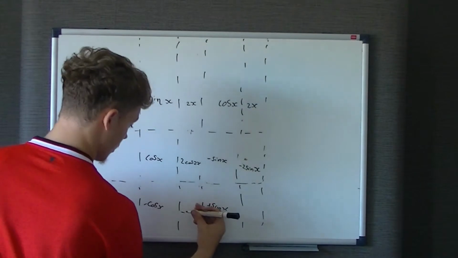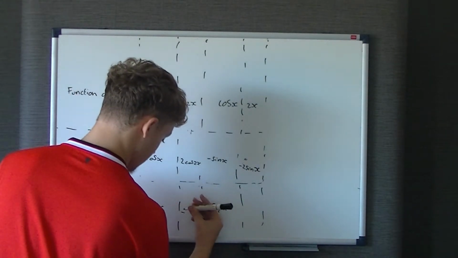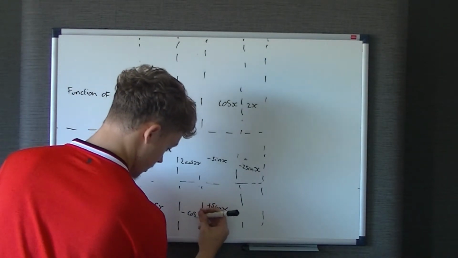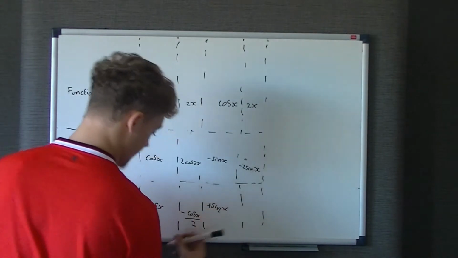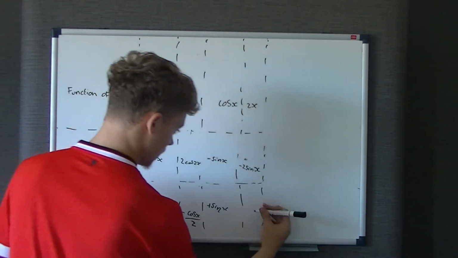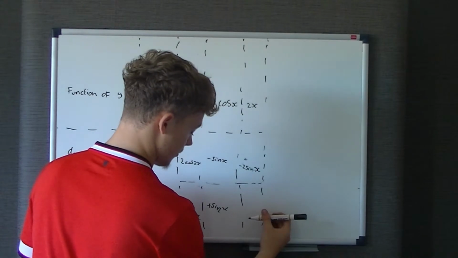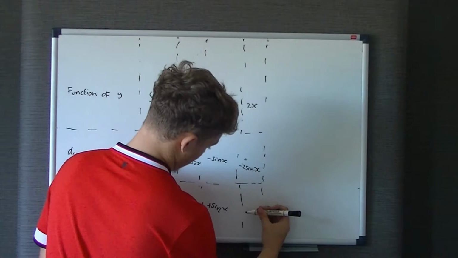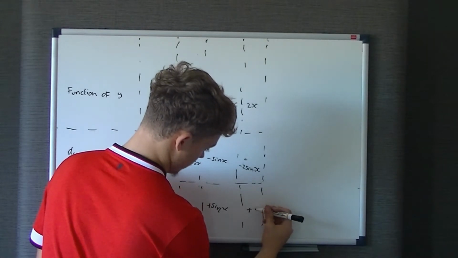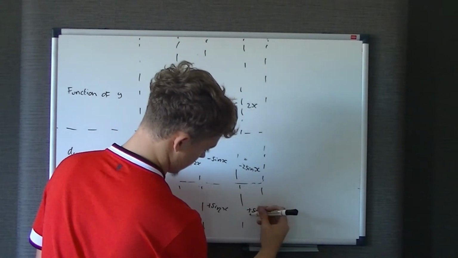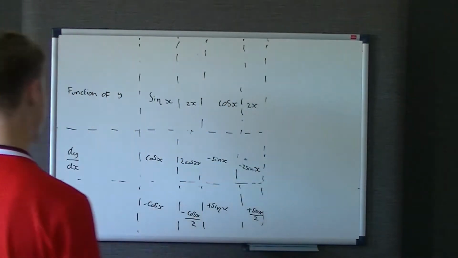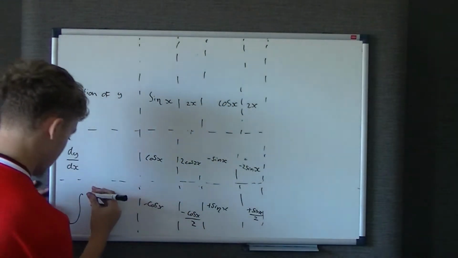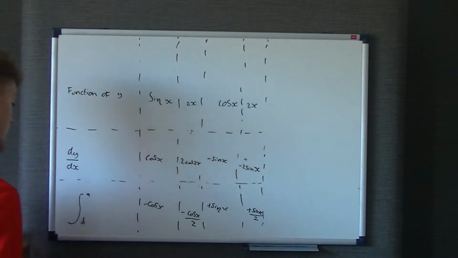The integral of sine 2x is negative cos 2x over 2, or half of cos x, and the integral of cos 2x, sorry, is positive sine 2x over 2. And obviously we would have a and b limits there.